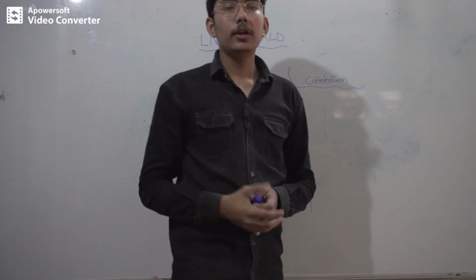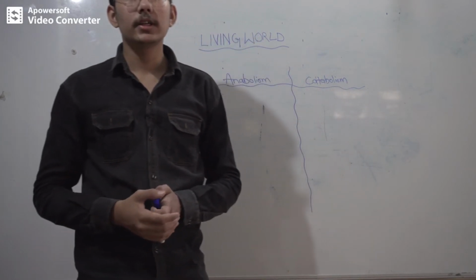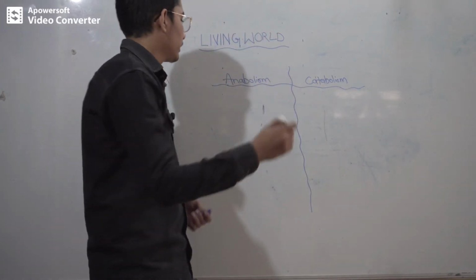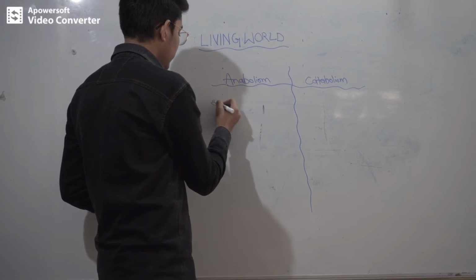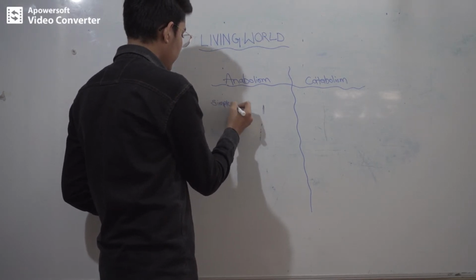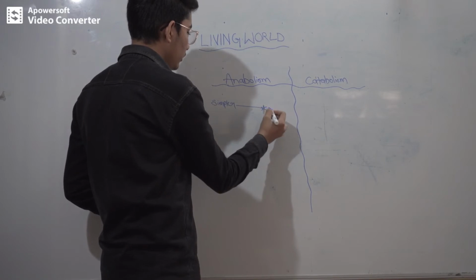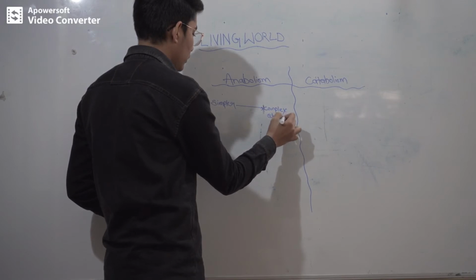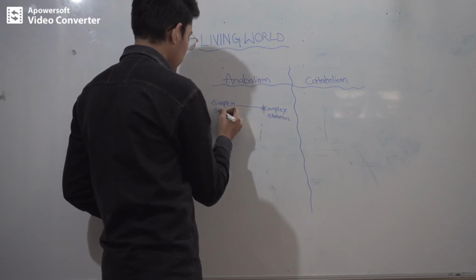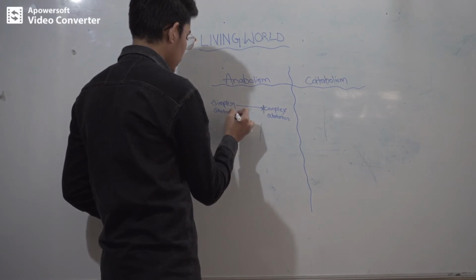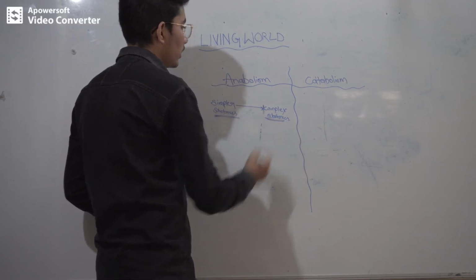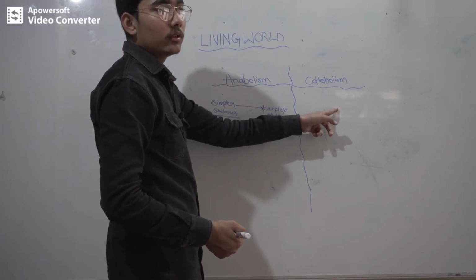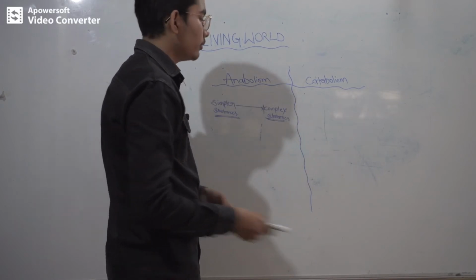Anabolism leads the simpler substances into the complex substances. In catabolism, the complex substances go through breakdown and are converted into simpler substances.